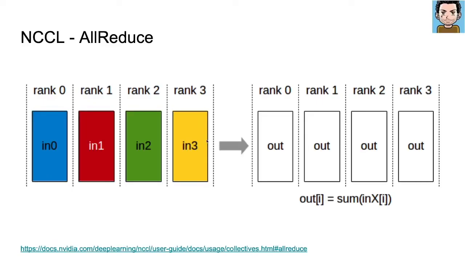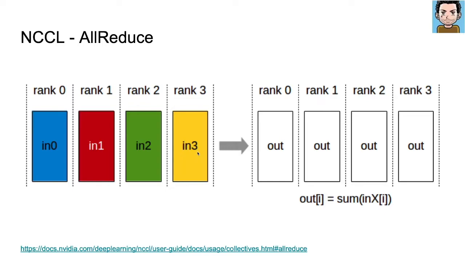Besides the reduce function, NCCL provides AllReduce, which is used in distributed data parallel. Instead of reducing the results from multiple nodes to a single root node, the AllReduce function reduces from the multiple nodes to all the nodes. In distributed data parallel, we are training on multiple GPUs, and all GPUs have the same weights.